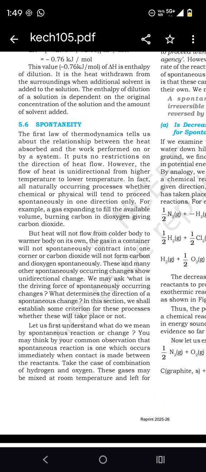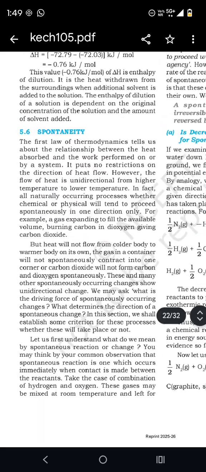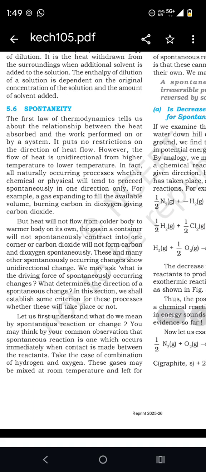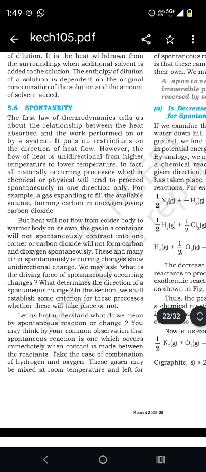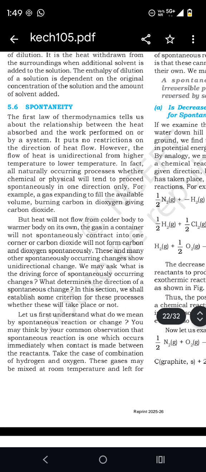Spontaneity. The first law of thermodynamics tells us about the relationship between heat absorbed and the work performed on or by the system. It puts no restriction on the direction of heat flow. However, the flow of heat is unidirectional, from higher temperature to lower temperature.